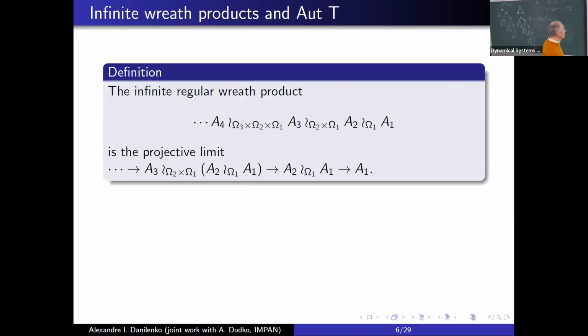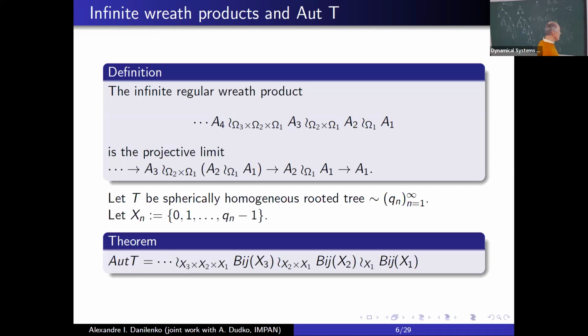So finally, we can define the infinite wreath product as the projective limit, where every arrow is a natural projection from a semi-direct product to the corresponding quotient.